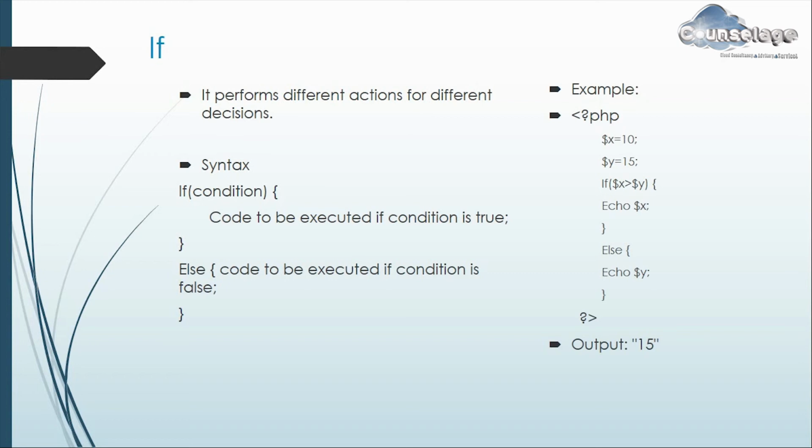For example, here $x is assigned as 10, $y is assigned as 15. That is, variable x is assigned as 10, variable y is 15. Then condition is applied, that is, if variable x is greater than variable y, then print variable x, else print variable y. So according to the values given to x and y, the output is 15.